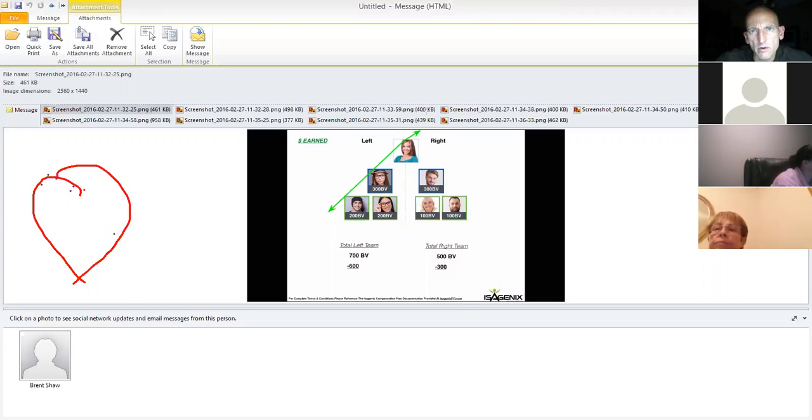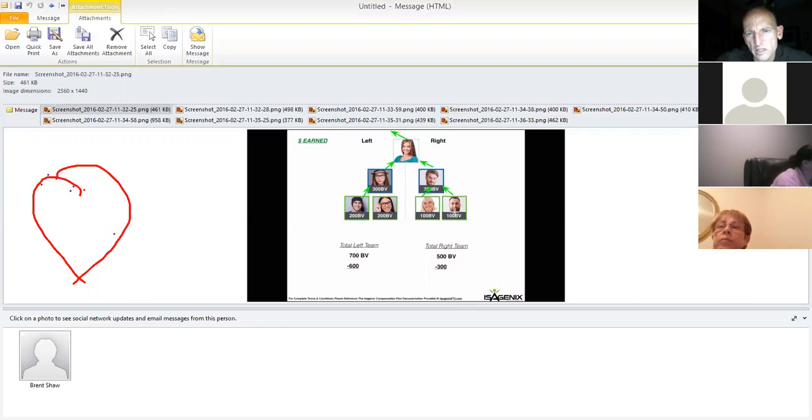Some people's arrow points the other way. Like this guy's arrow is going to point this way, and this person's arrow is going to point this way, because your arrow always points towards the person that enrolled you.